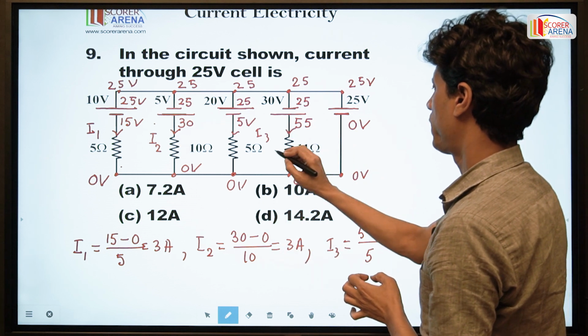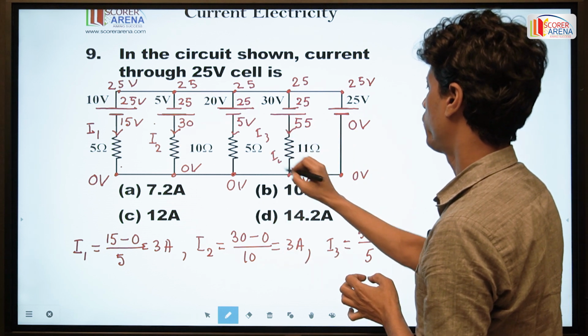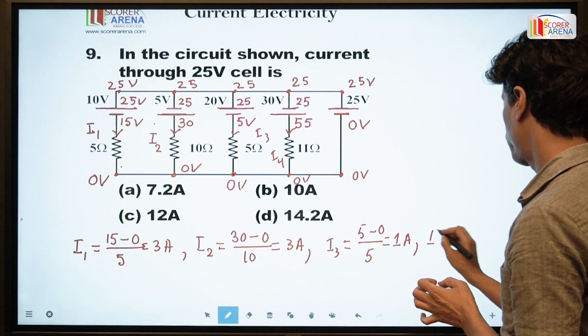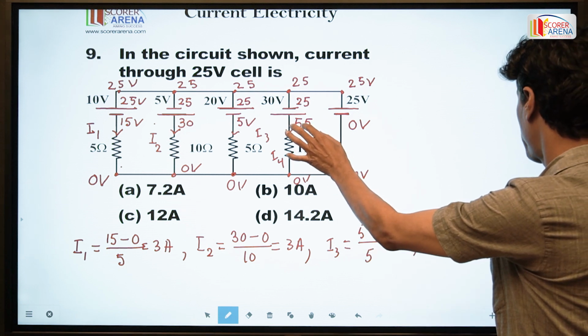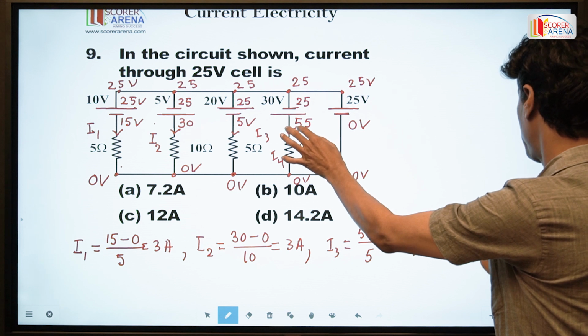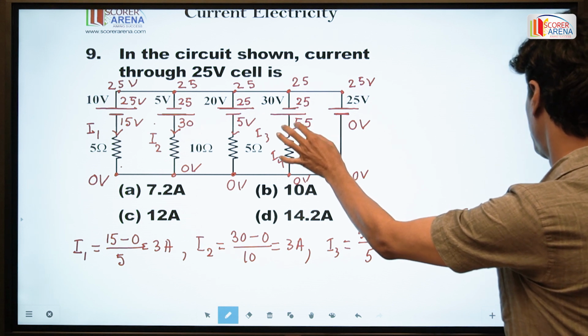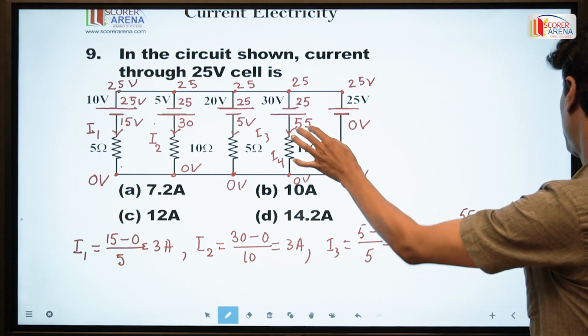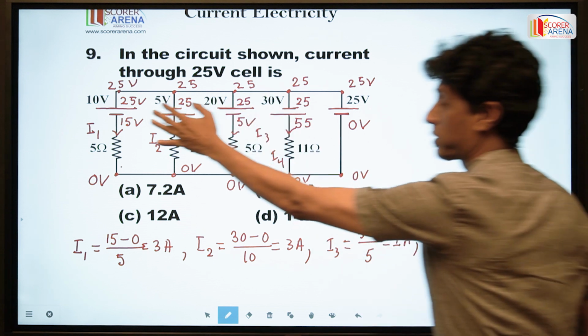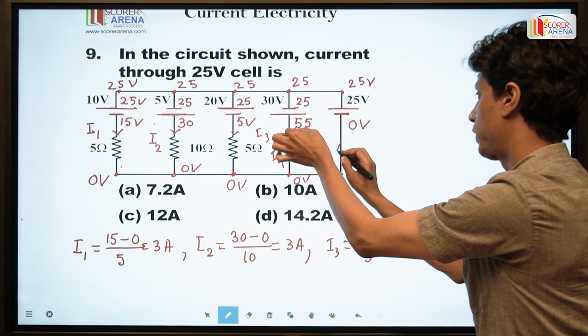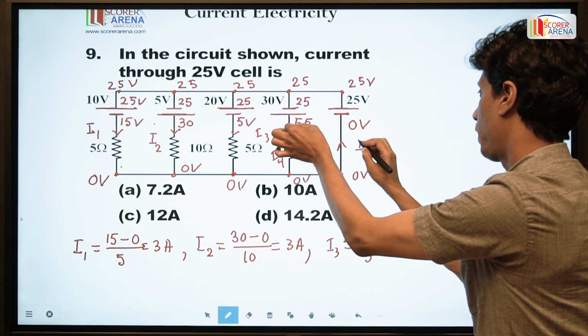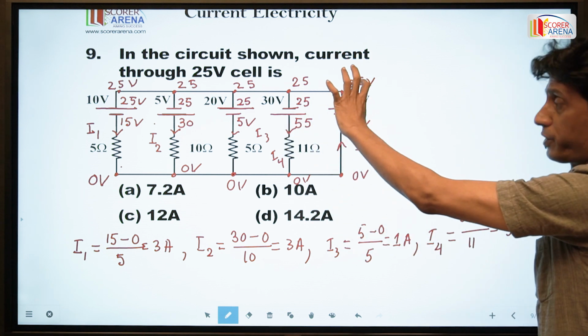The current through this branch, I4, is the potential difference 55 minus 0 divided by 11, which is 5 ampere, and all this current, I1, I2, I3, I4, will pass through the cell of 25 volt potential difference.